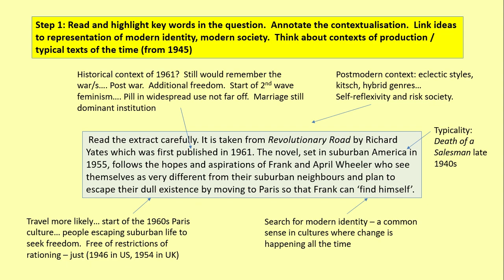And the idea here is that when you get more freedom in society, you also get more risk. So I always use the example of give somebody a packet of salt and vinegar crisps and a packet of cheese and onion crisps and tell them to choose. They're likely to know more or less what the flavours are and will choose the one they like best. There's not a lot of risk involved in that.